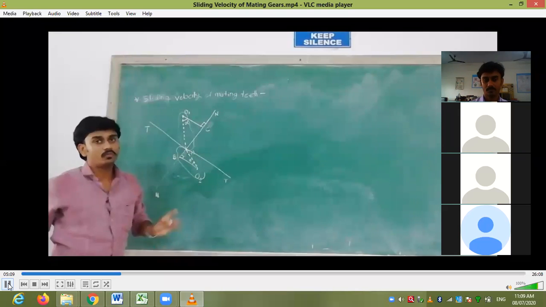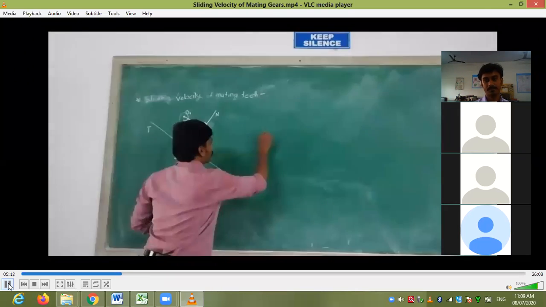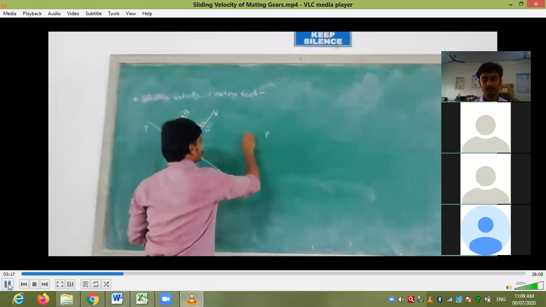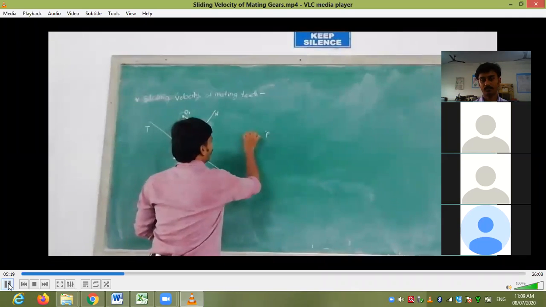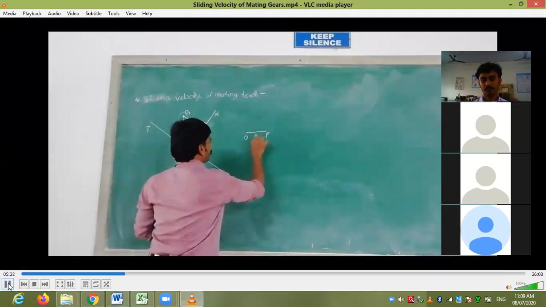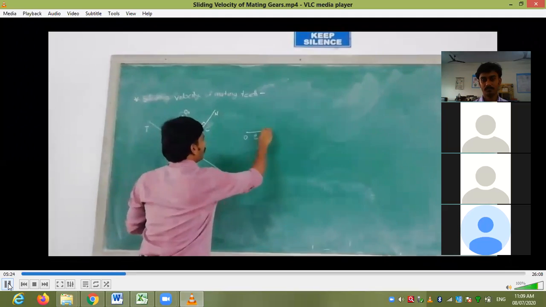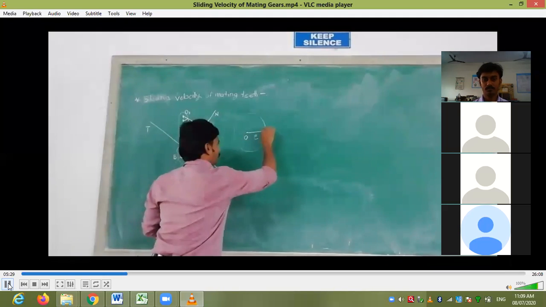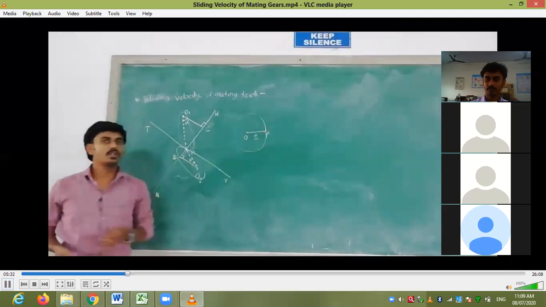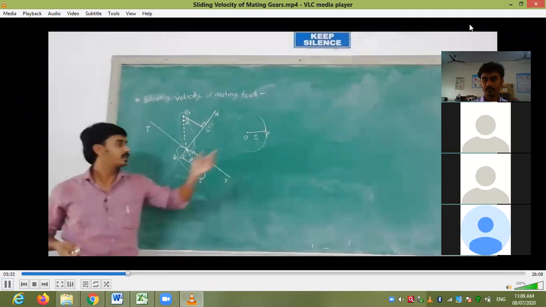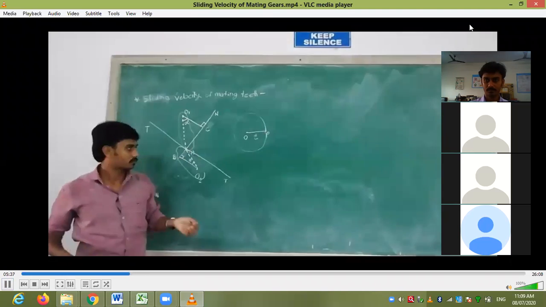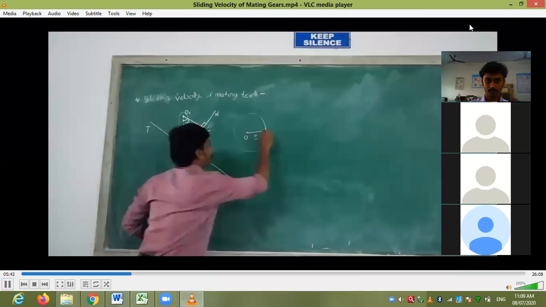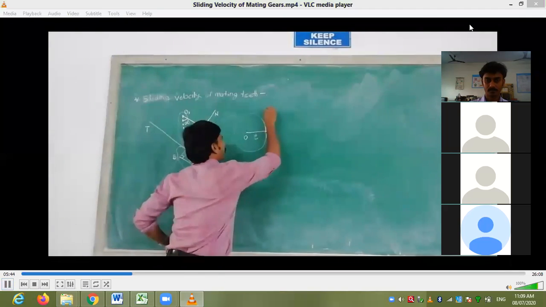Now, for the velocity of any point, suppose this is the point which is rotated around the center O, and R is the radius of the point. If point P is rotated around the center O, then the velocity of the point P is always perpendicular to the radius.